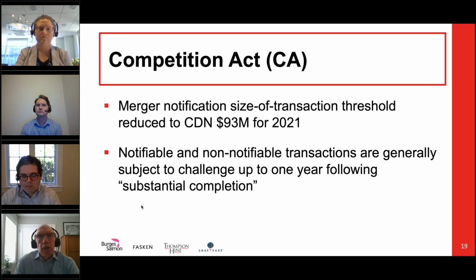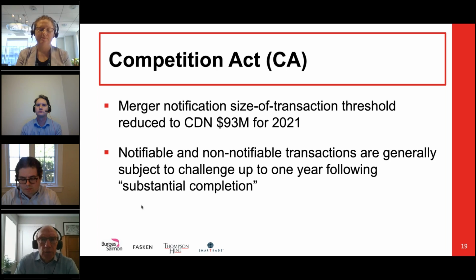Turning to the Competition Act, and I'll be very brief on this front. So a few things, like the US, Josh will be covering this. The transaction threshold for mandatory notification has reduced from 96 million to 93 million.